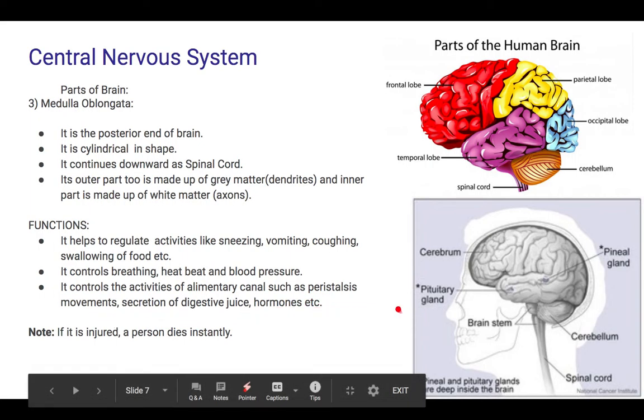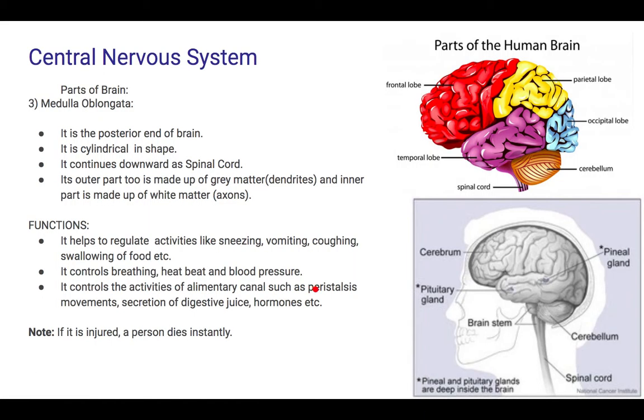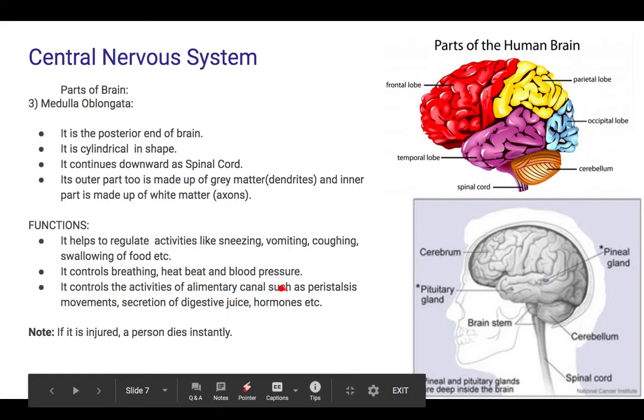Peristalsis movement means whenever you swallow the food, and that food has to move through the alimentary canal, the wall of alimentary canal contracts and expands alternately, and that movement of wall of alimentary canal is called peristalsis movement. And this is also controlled by medulla oblongata, and secretion of digestive juice for the digestion of food and hormone.